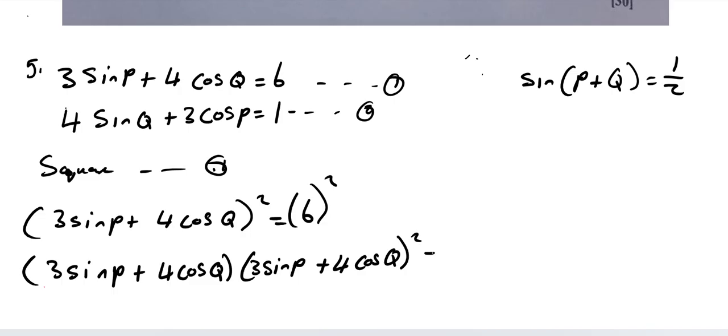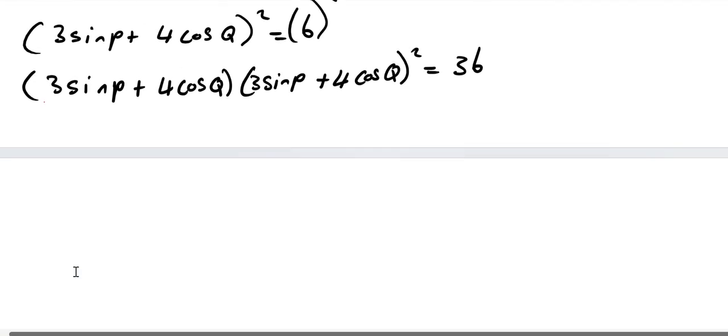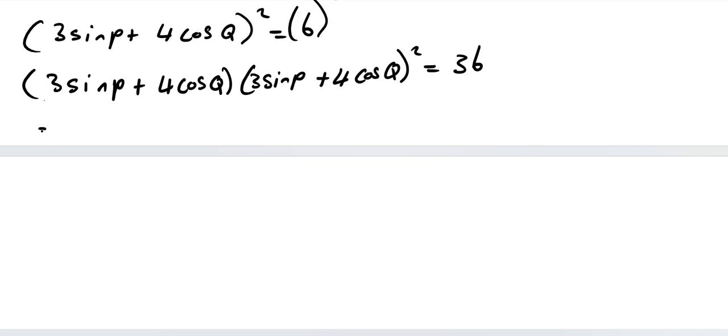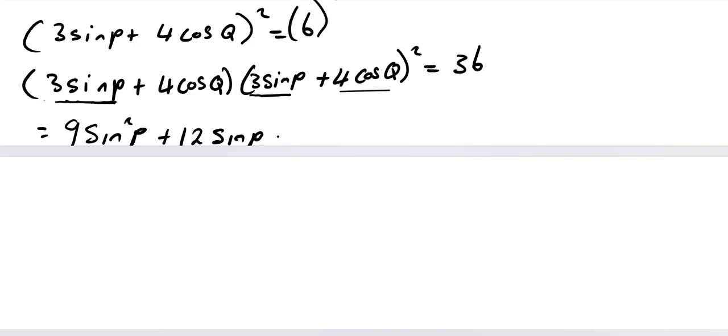Don't worry, today you are going to understand. So this is going to give us 3 sine p multiplied by 3 sine p, which gives 9 sine squared p. Then 3 sine p multiplied by 4 cos q gives plus 12 sine p cos q.